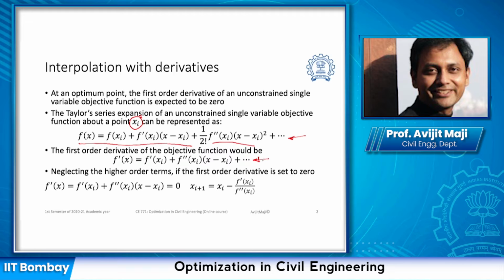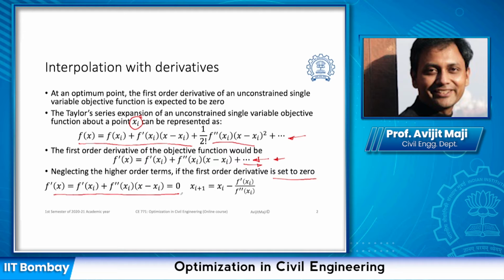In this equation, if we neglect the higher order terms, and then set the first order derivative to 0, because this is the point where the objective function is expected to have a slope of 0, then we can rewrite this equation as this.